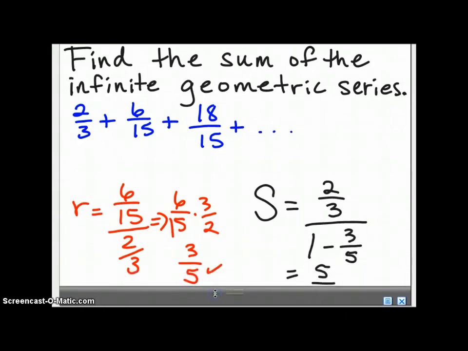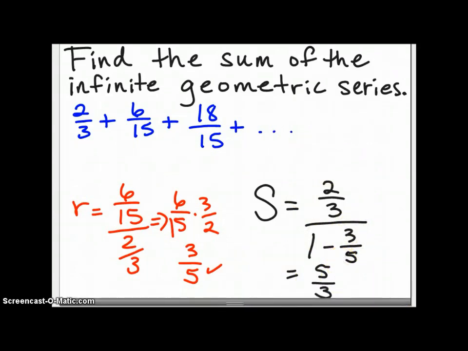We get 3/5. That's a ratio that we can do. It converges. Its absolute value is less than 1. So we can use our summation. So here we go over to our summation: a sub 1, our first term, over 1 minus our ratio. And when we do this, we get 5/3. So we can actually find the summation.